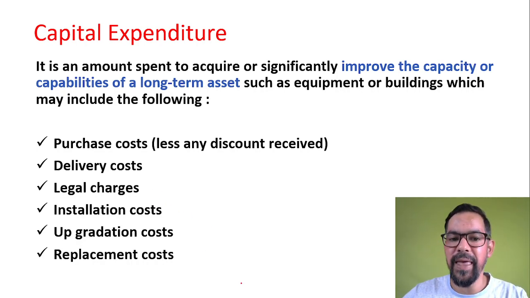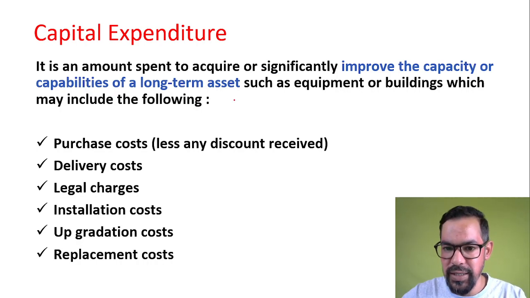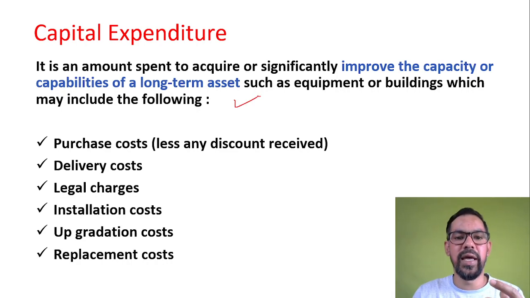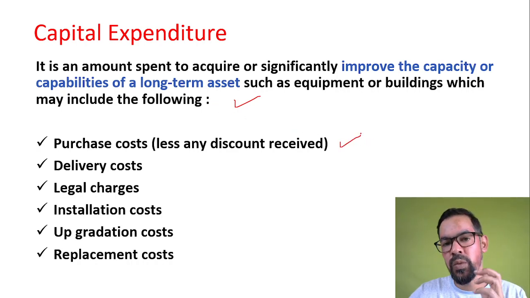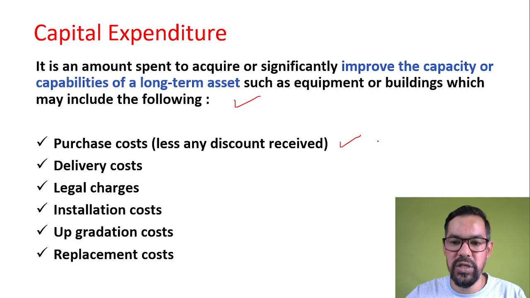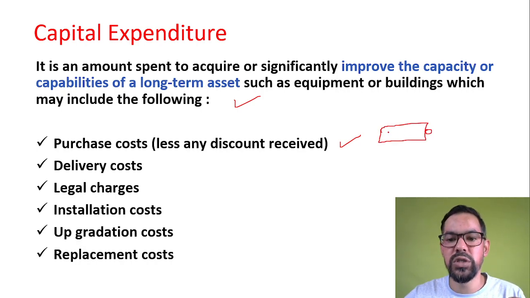It is an amount spent to acquire or improve the capability or capacity of long-term assets, such as plant, machinery, equipments, and others. So it includes purchase cost. Let's say for that transportation business, you buy a truck, and the purchase cost is 20 lakhs.